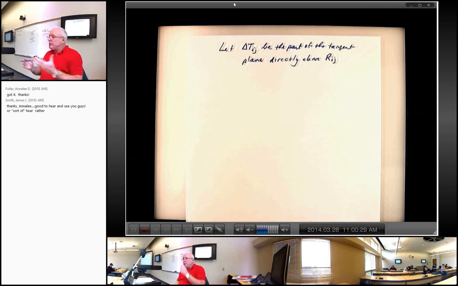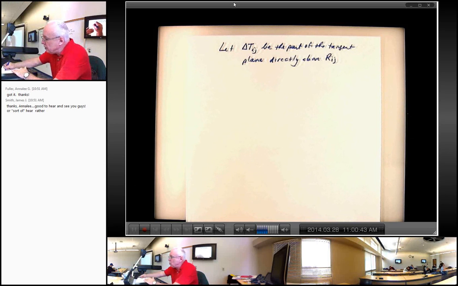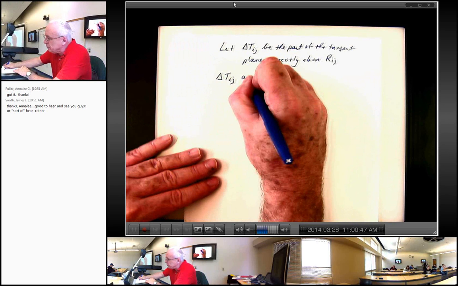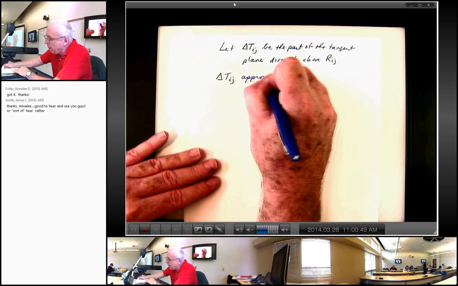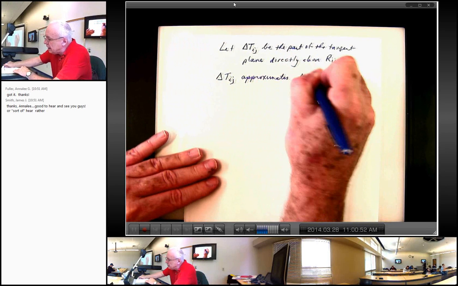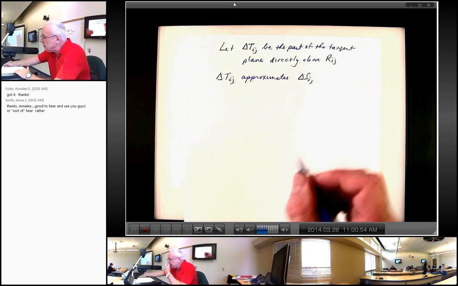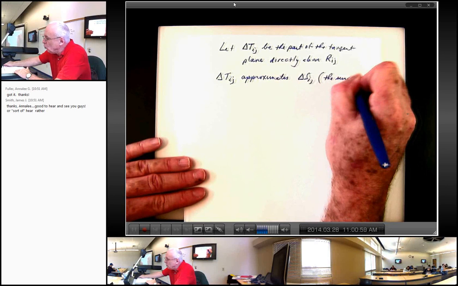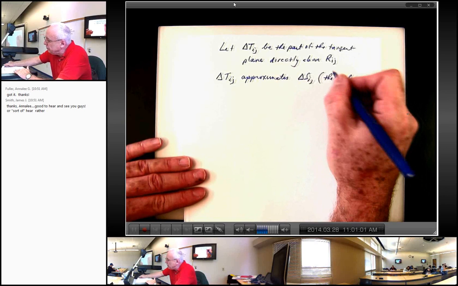Now, the area of this rectangle approximates that surface area in that portion of the graph. So delta Tij approximates delta Sij, and delta Sij is the surface area right above the rectangle.